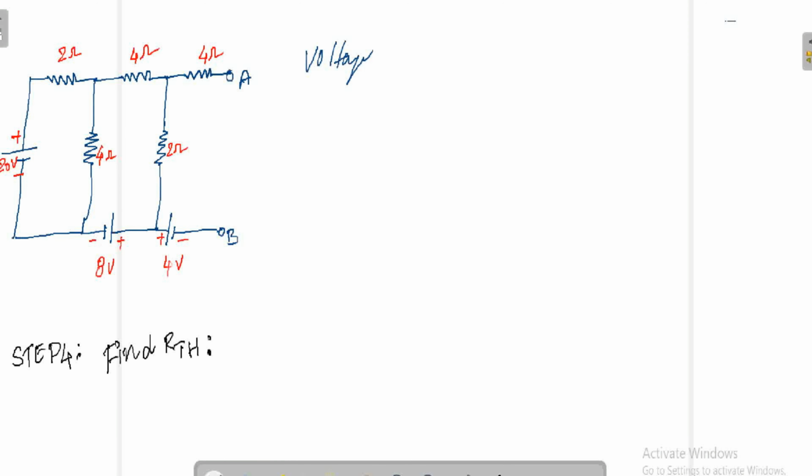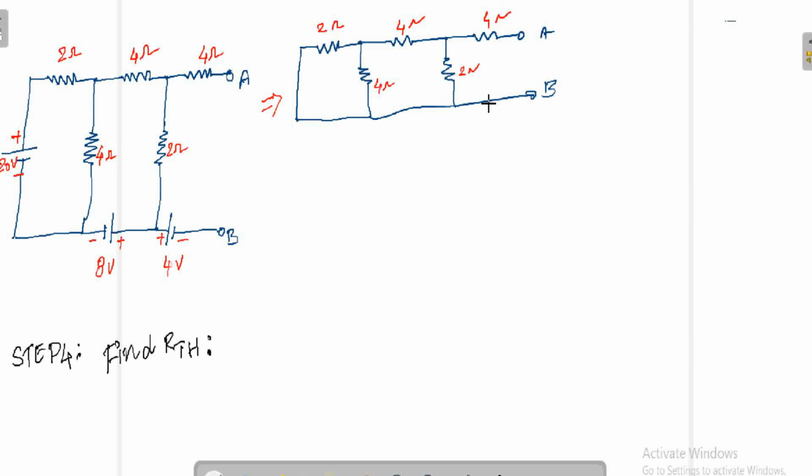Just observe here, this is the equivalent circuit. By replacing the voltage sources, the 20 volts is replaced with a short line, the 8 volts is replaced with a single short line, and the 4 volts is replaced with a shorted line.